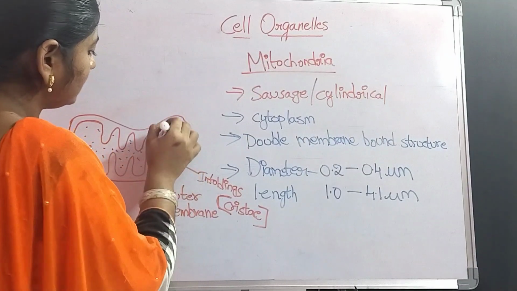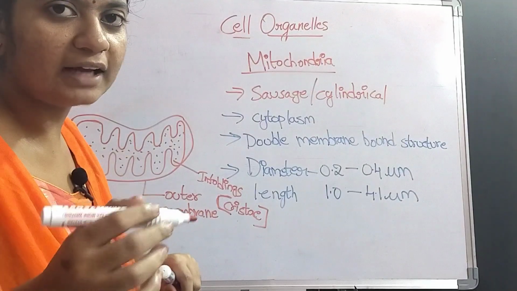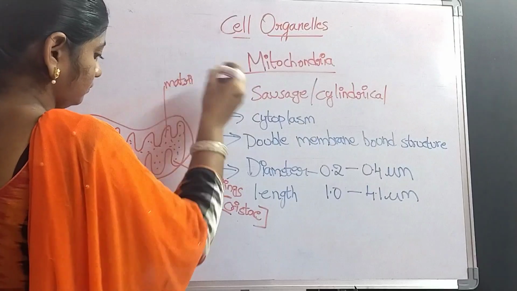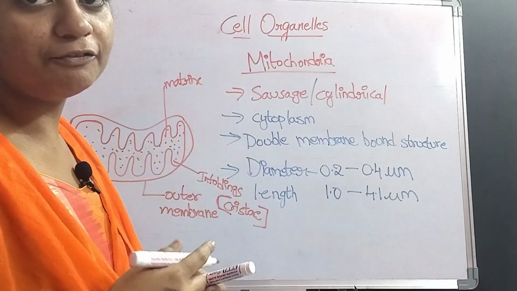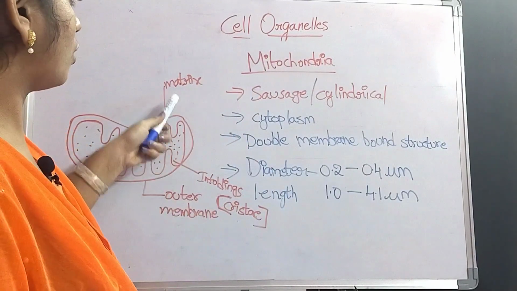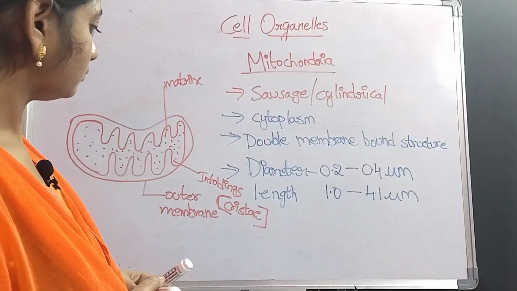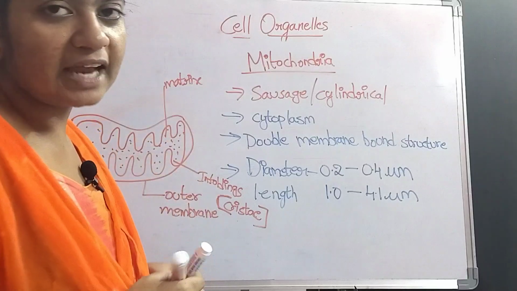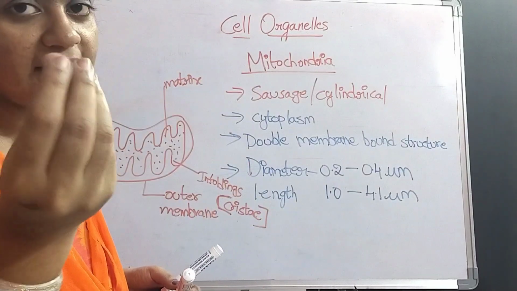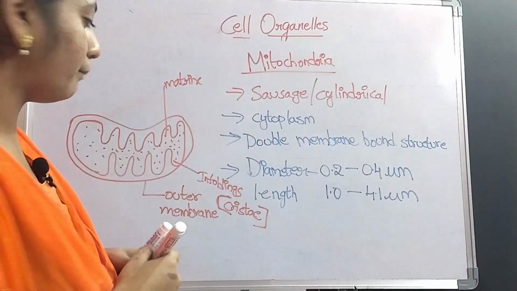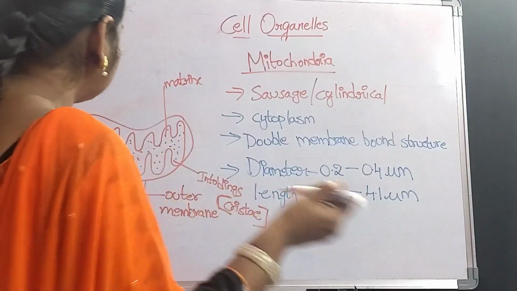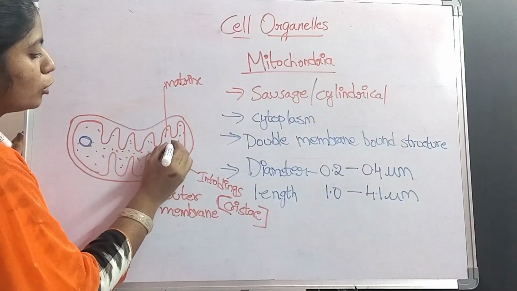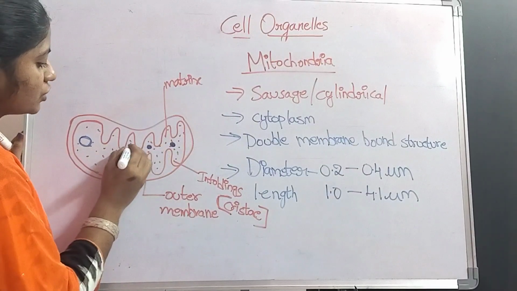The matrix contains a single circular DNA and also granular-like structures.